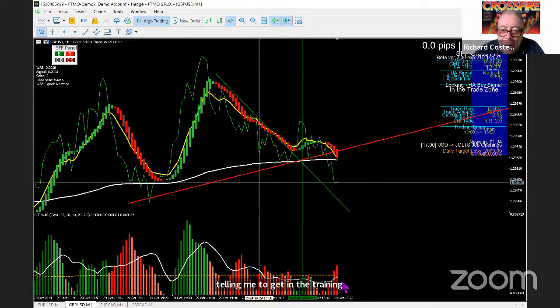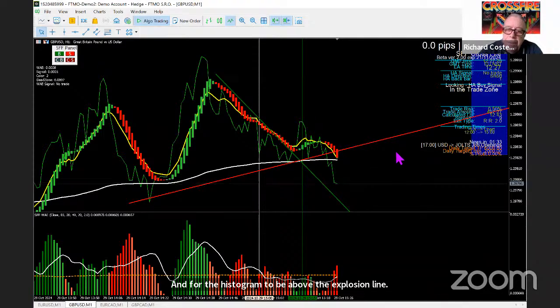At the minute, the explosion line is below the dead zone, so that's not a trading situation. I want the explosion line to be above the dead zone and for the histogram to be above the explosion line. But that's looking as if it's setting up.